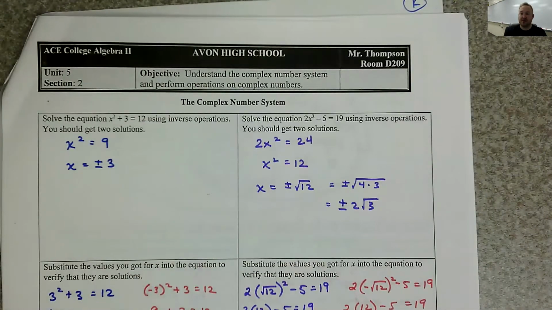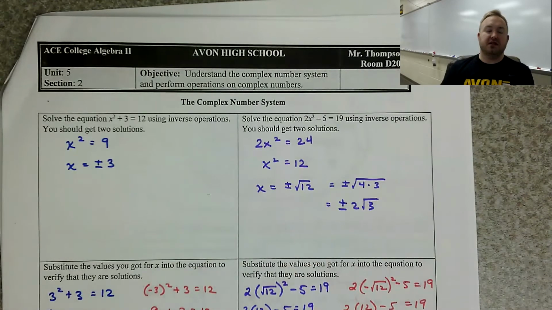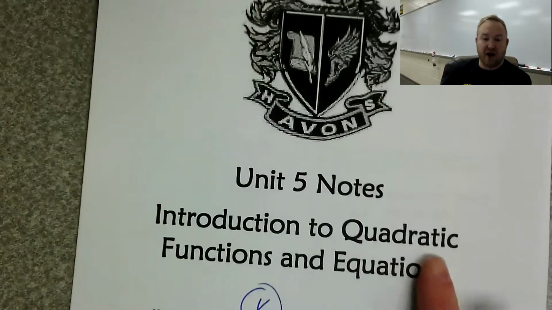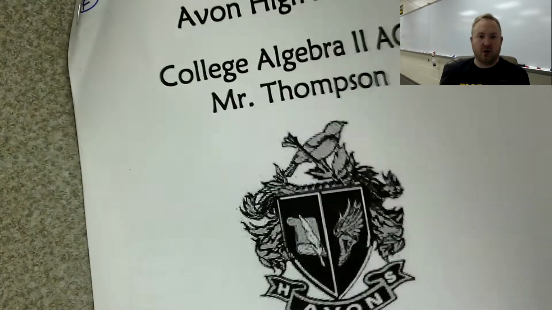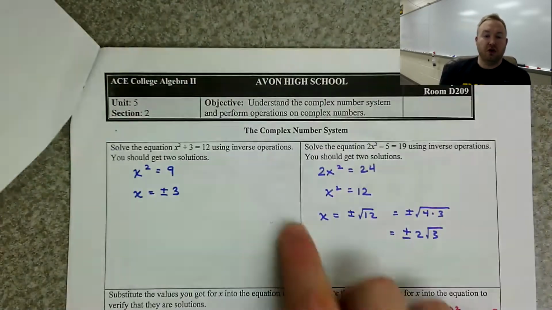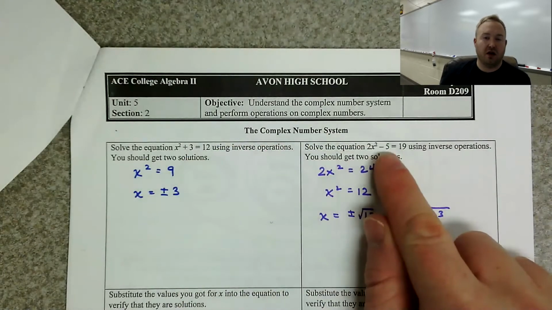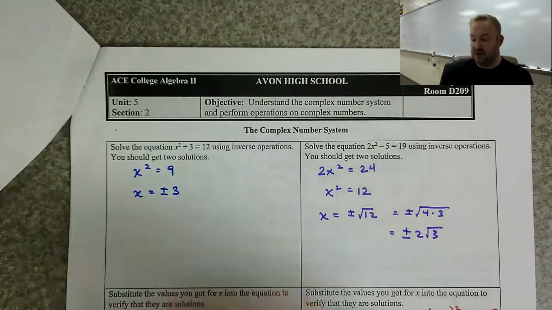Okay, so I've got some of this already done here because you don't need to watch me do all this. There's a reason that we are talking about complex numbers right now, which is that this unit really is about quadratic functions and quadratic equations. So why are we talking about complex numbers? Well, you will notice that sometimes when we solve a quadratic equation, the solutions come out as different kinds of numbers.